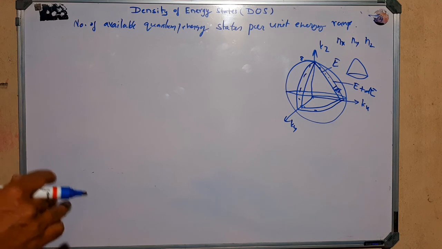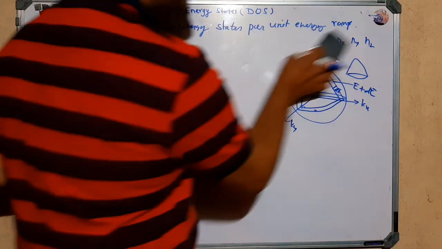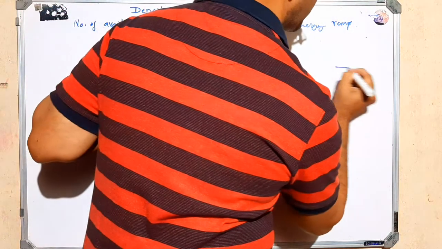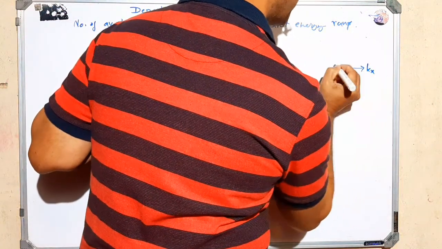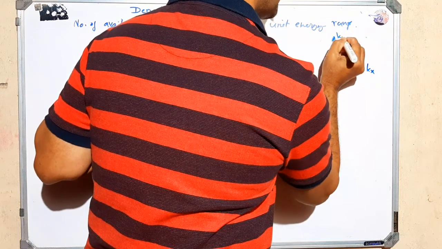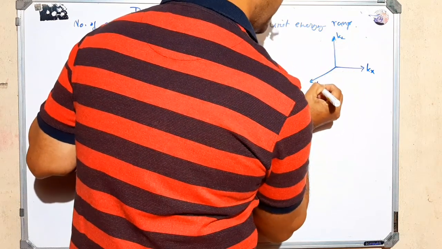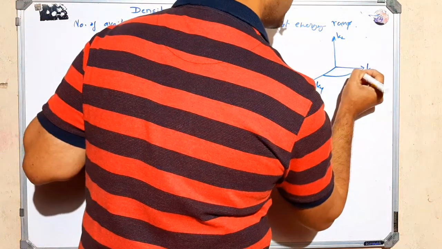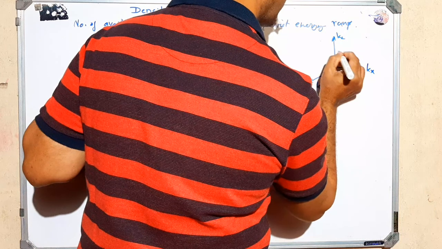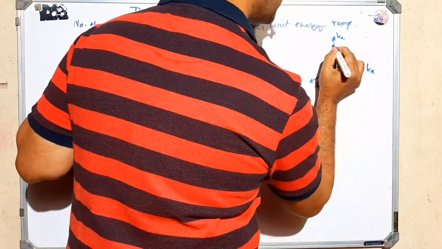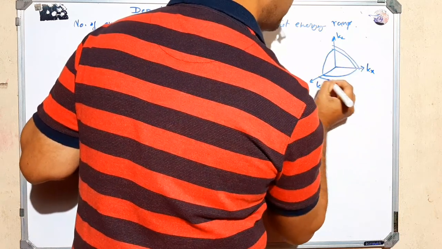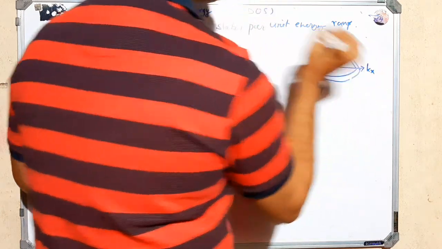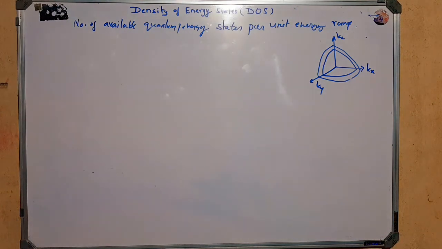So remember, in the simplified diagram I am writing now, just simply you can write Kx, Kz, this is Ky, and you can consider the octant. So, in the momentum space we are marking this.